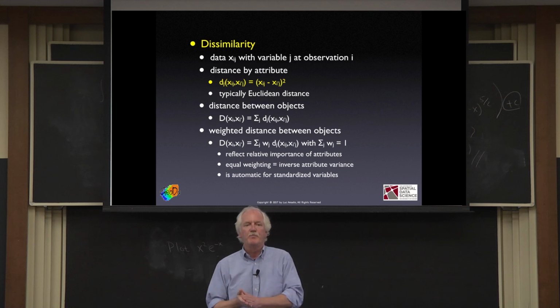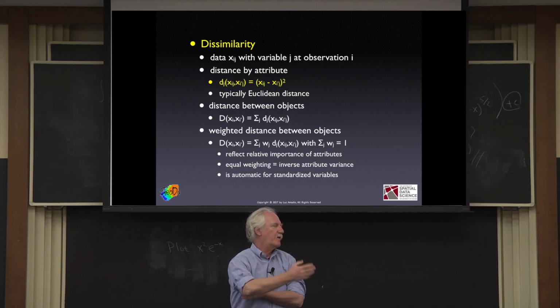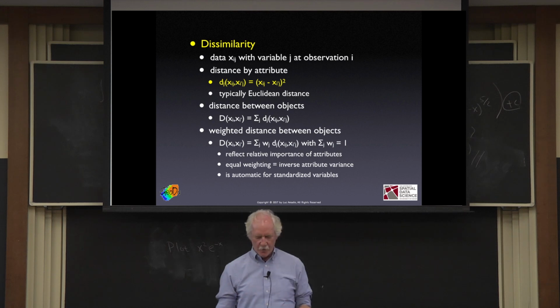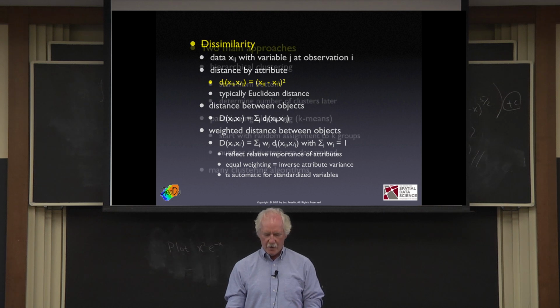But in general, you should weigh these distance measures by something proportional to the inverse variance of the original variable. It can make a difference, and in some applications it's actually not a good idea to standardize, but that's very application specific. So typically, we do standardized analysis.